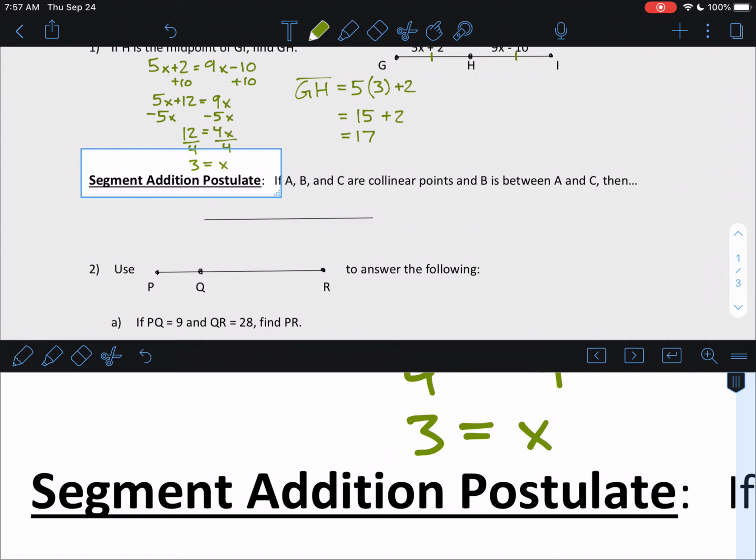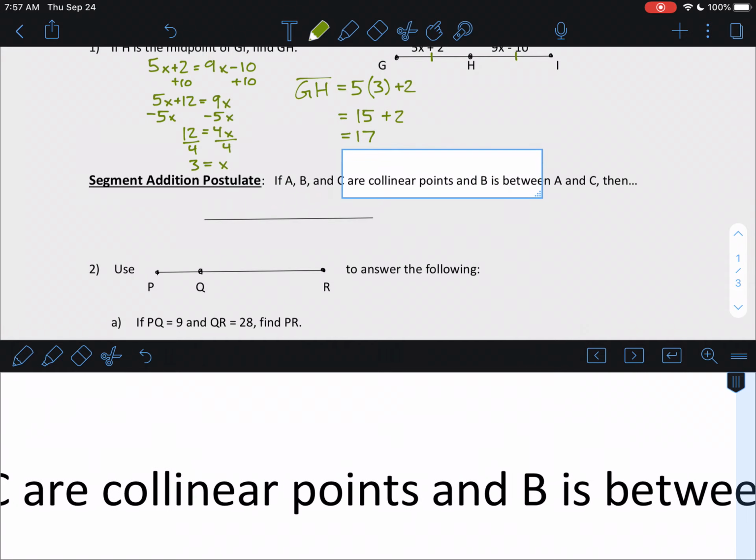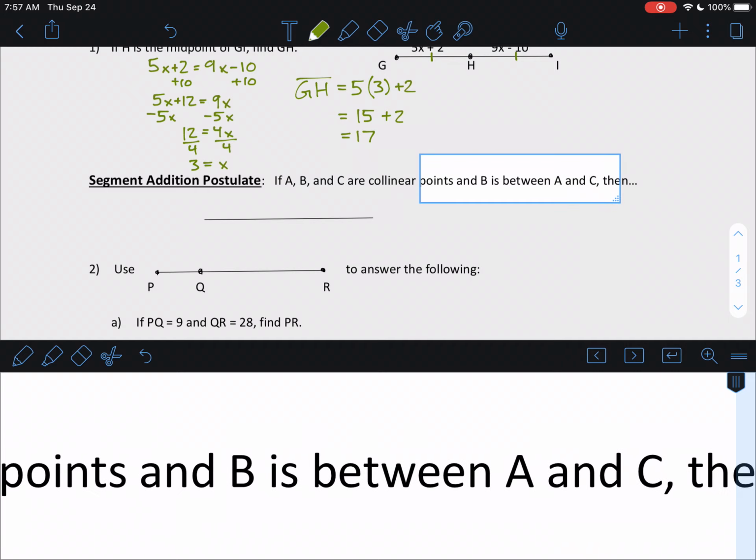So if A, B, and C are collinear points, hopefully we remember collinear means on the same line, and B is between A and C, so just imagine a line with A and C on the ends and B somewhere in the middle.